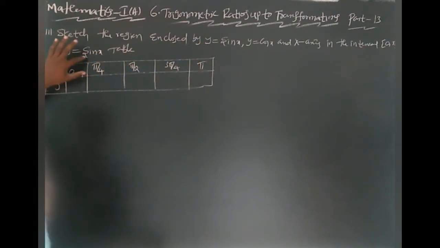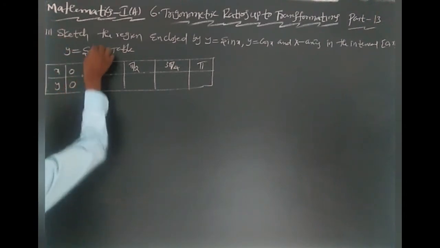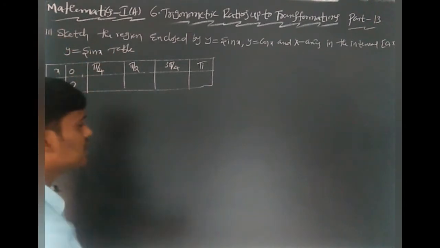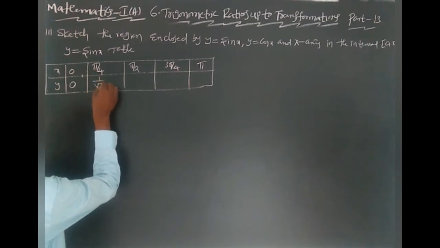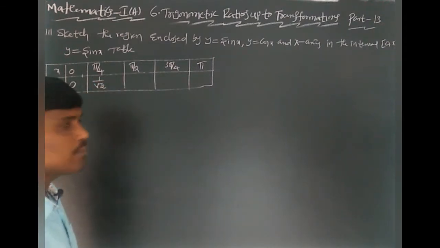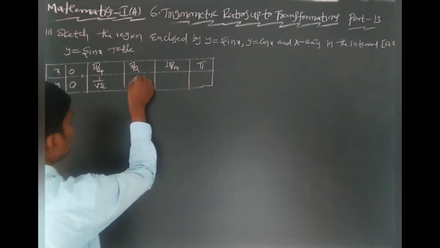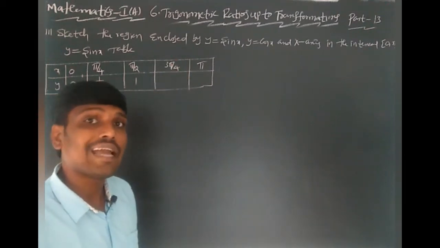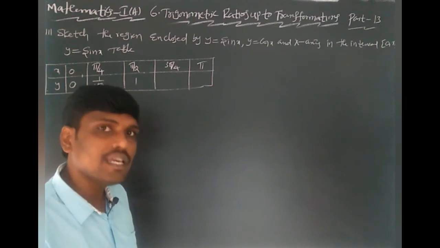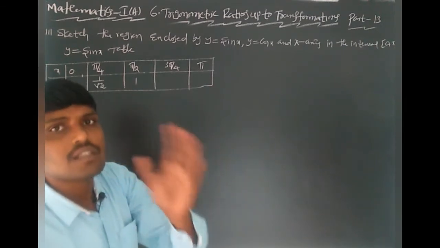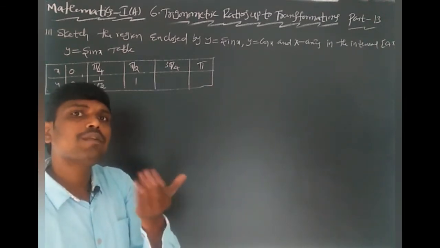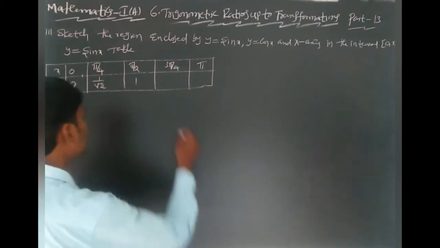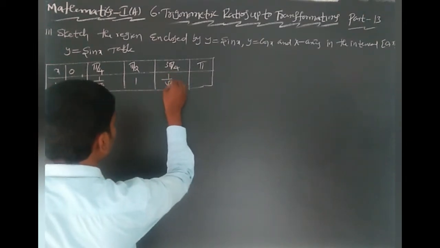First we write sin 0, which is 0. Sin pi by 4, sin 45, is 1 by root 2. Sin 90 value is 1. Sin 3 pi by 4 is sin 135, which is 90 plus 45, and its value is also 1 by root 2.